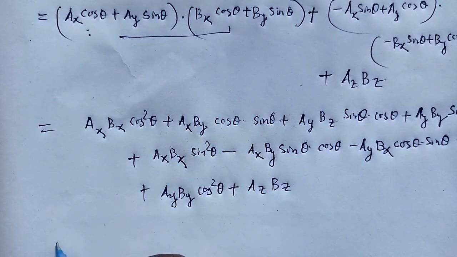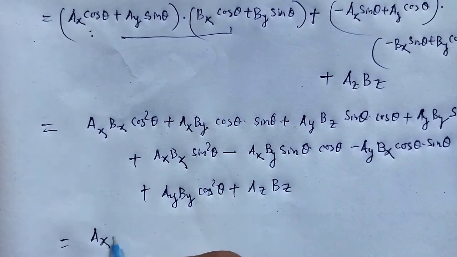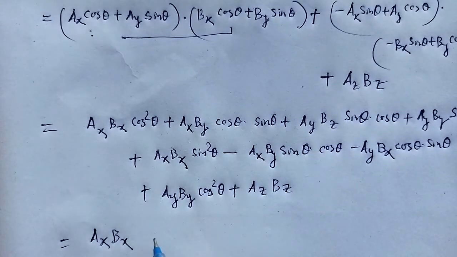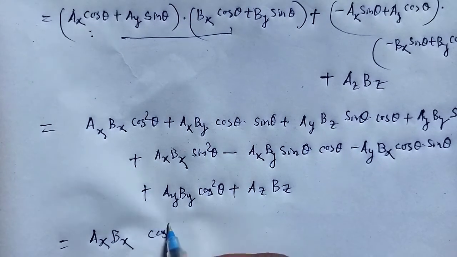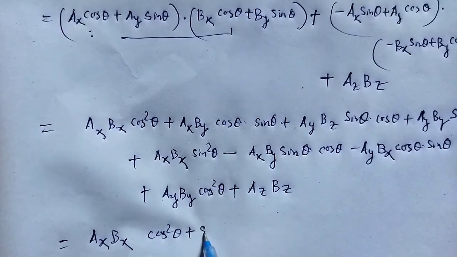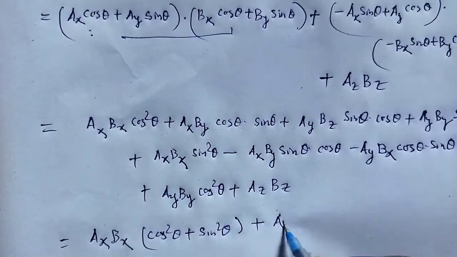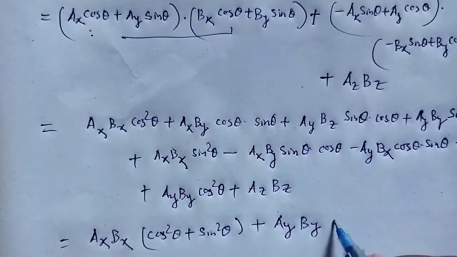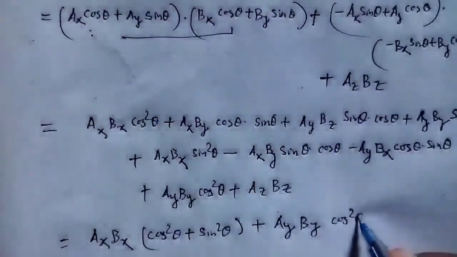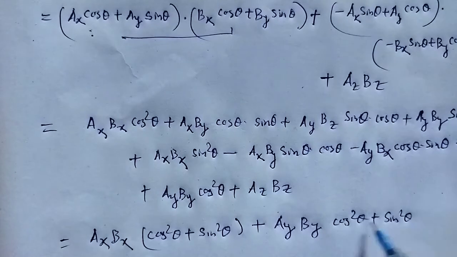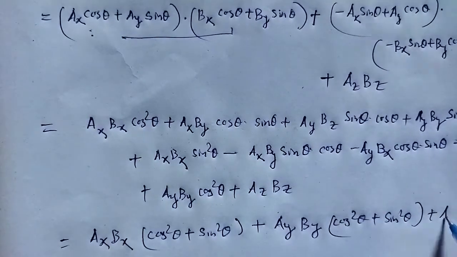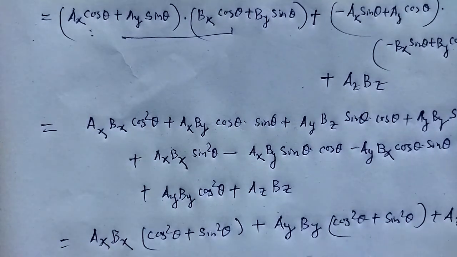Solving this, taking ax bx as common, we get cos square theta plus sin square theta, plus ay by as common times cos square theta plus sin square theta, plus az bz.